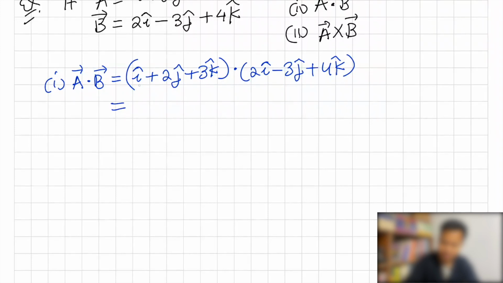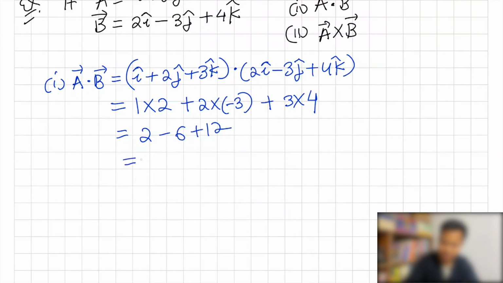The coefficient of i is 1 and 2, plus j: 2 into minus 3, plus 3 into 4. So 2 minus 6 plus 12, which is nothing but 8. So whenever you do dot product, multiply the like terms.